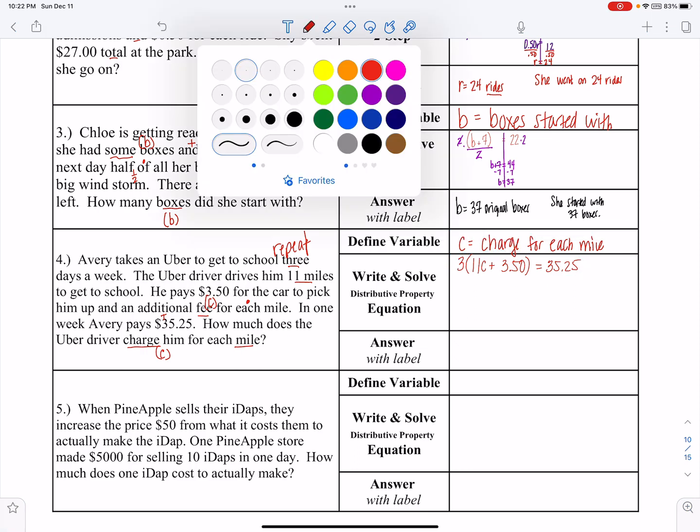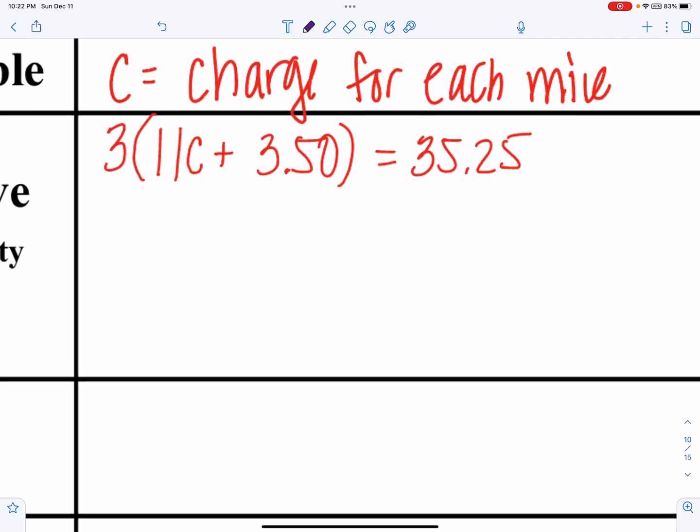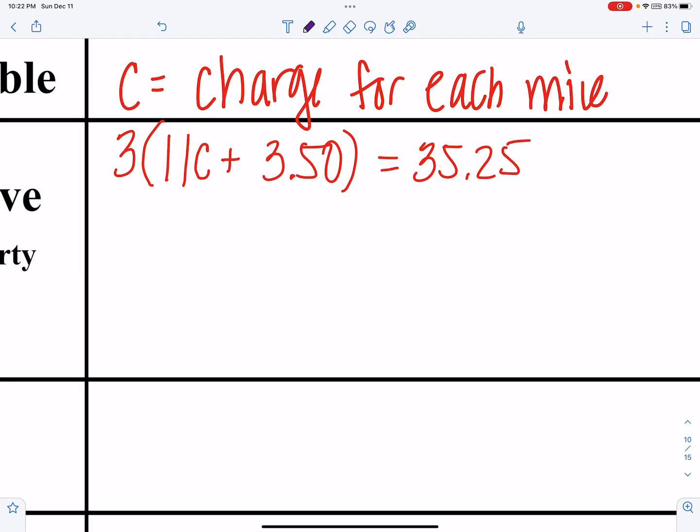Okay, let's go ahead and zoom in here. Okay, now, like we've done before, we can go ahead and distribute this first, and you could get the 33C plus that other amount, or you could just go ahead and divide both sides by 3 and then do the other.